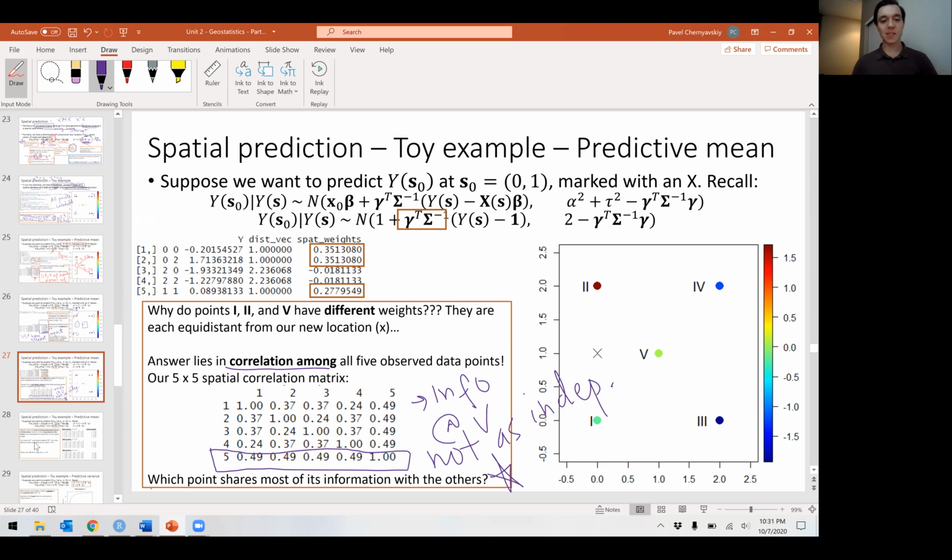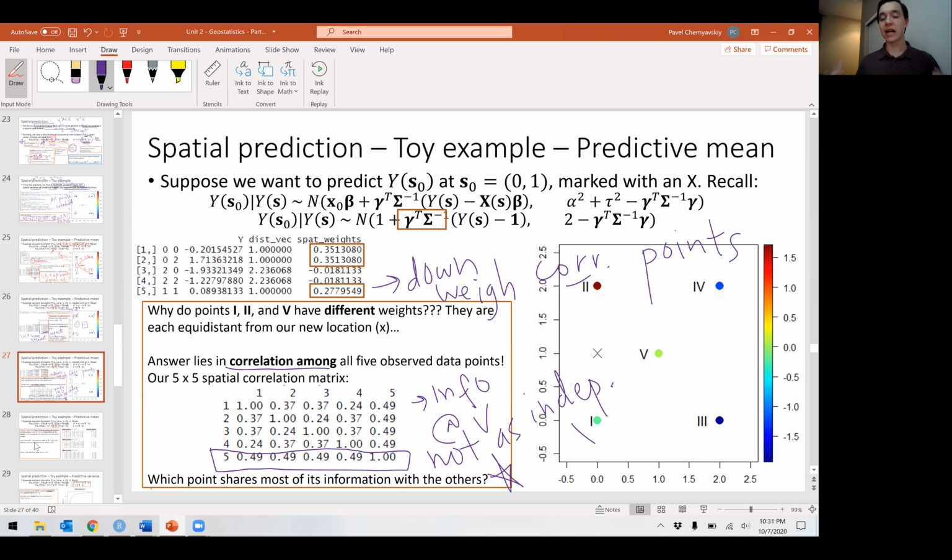So what these spatial weights do, we actually downweigh correlated points. And we assign a greater weight to what I like to think are these anchor points. 1 and 2 are farther apart.